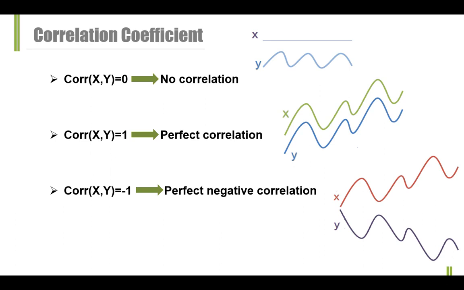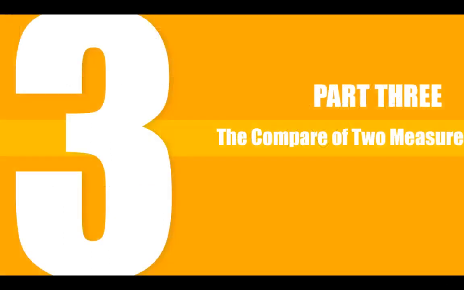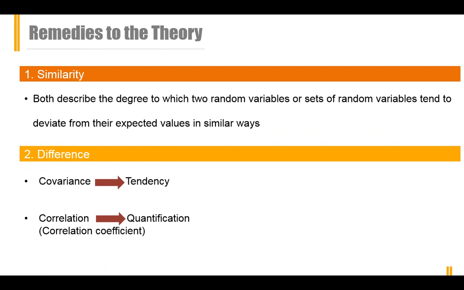And part 3. The comparison of two measures. In probability theory and statistics, the mathematical concepts of covariance and correlation are very similar. Both describe the degree to which two random variables or sets of random variables tend to deviate from their expected values in similar ways. Obviously, they also have differences.